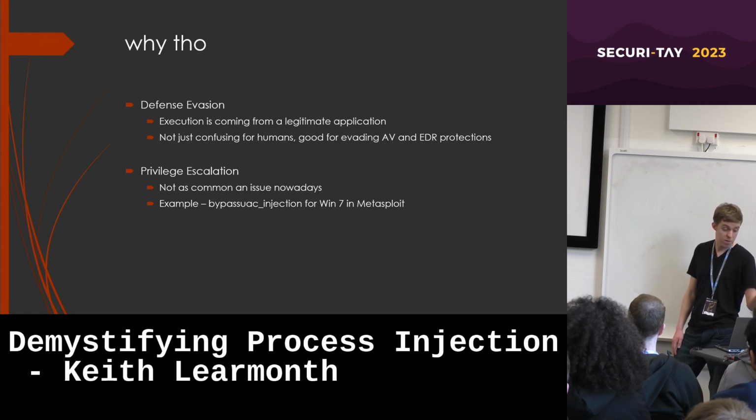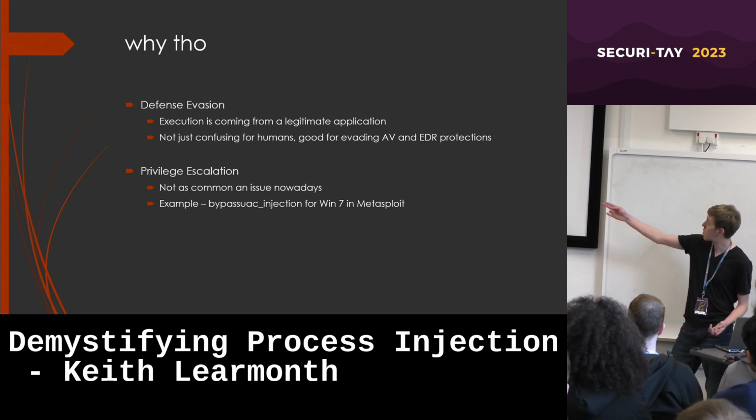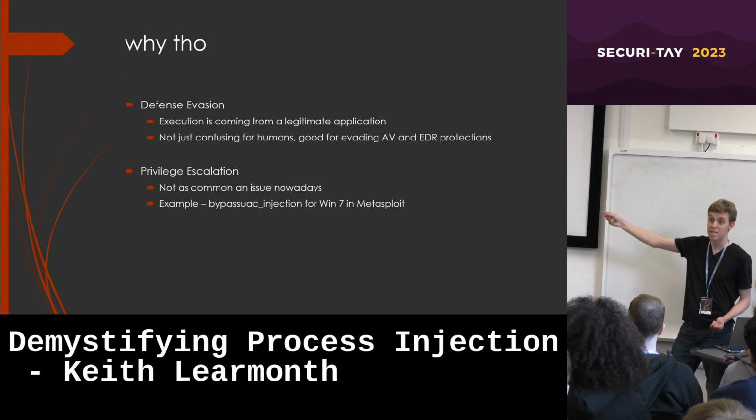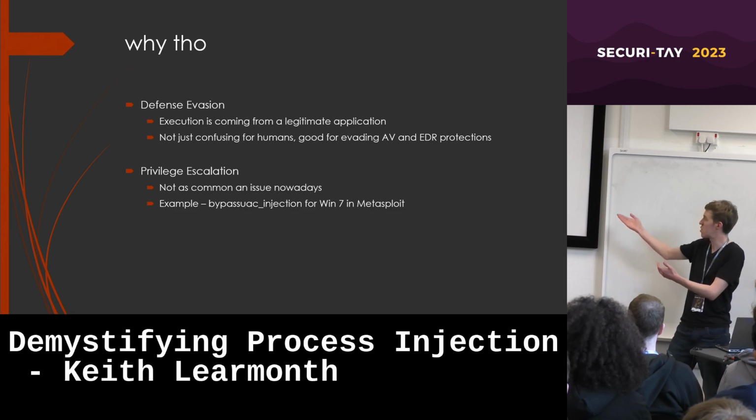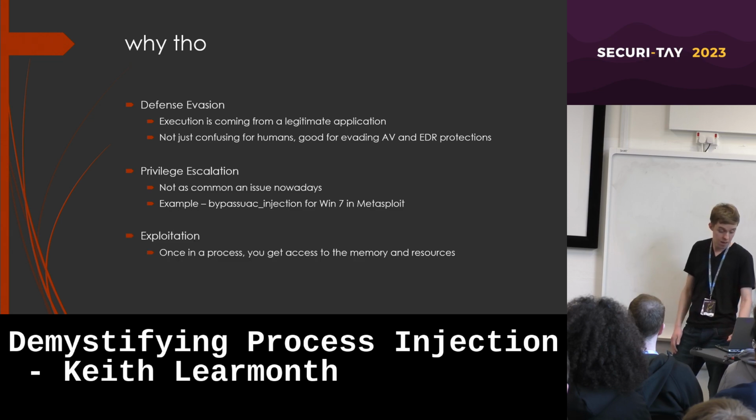An example was one of the Metasploit modules for Windows 7, a way to get around user access control, UAC. It would inject into a copy of explorer.exe, which is a binary signed by Microsoft. It has a signed Windows certificate, which UAC doesn't trigger for.